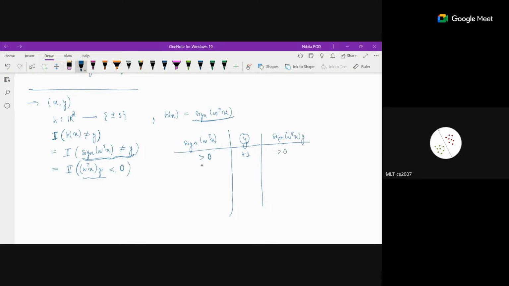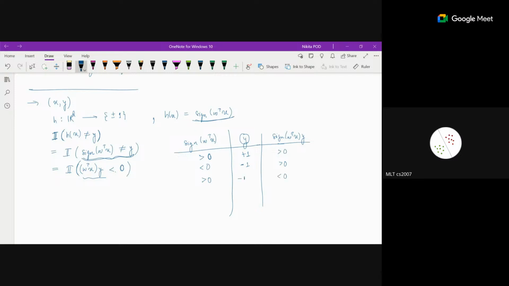And in case the sign is less than 0, then the true label should be -1. But in that case, again, I get this product to be greater than 0. So in these two cases, this indicator function is going to give me the value 0. Otherwise, it's going to give me the value 1. So in case this is greater than 0 and this is -1, then I know the product is less than 0.